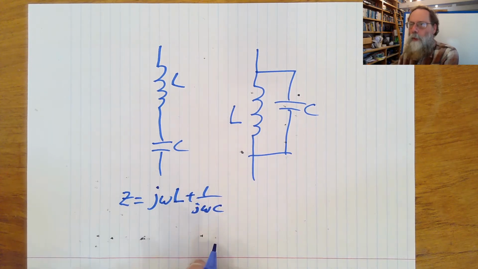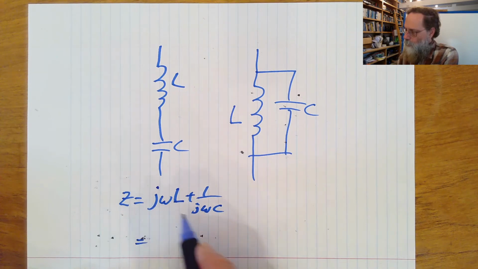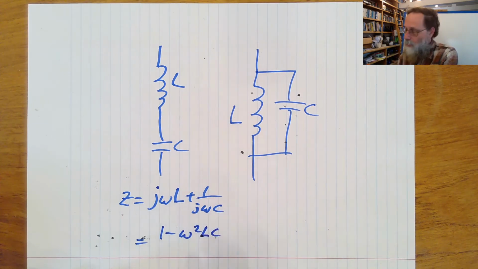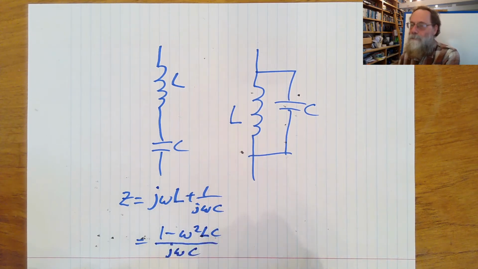And we can clean this up a little bit by putting it over a common denominator, just making the j omega C on the bottom. So we could also write this thing as j squared omega squared LC. J squared is just minus 1. So I'll get 1 minus omega squared LC on the top and j omega C on the bottom.